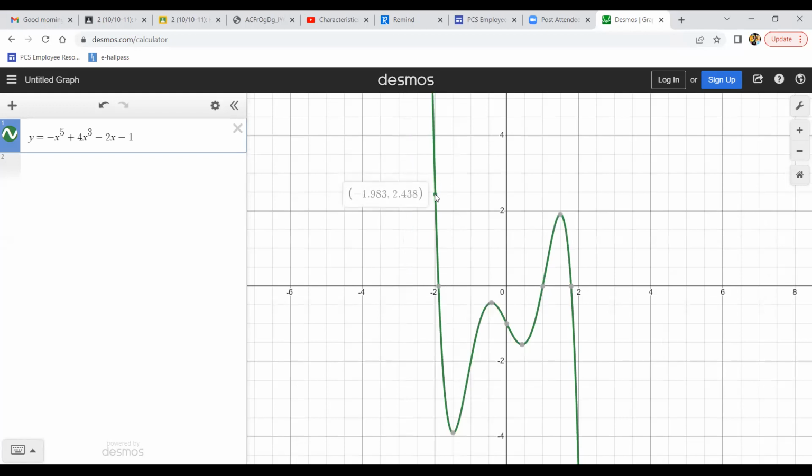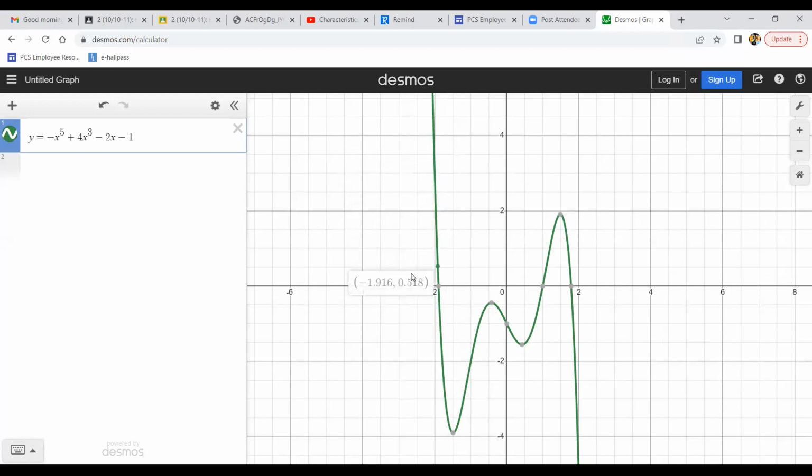Okay, so if I trace this, look at the y values where I am using my cursor right now. What do you see about these y values? They're decreasing. What about the numbers? Are they positive or negative? They're positive.